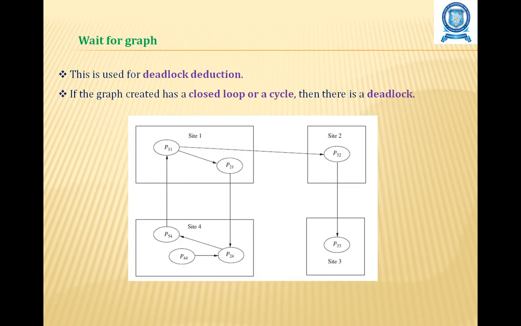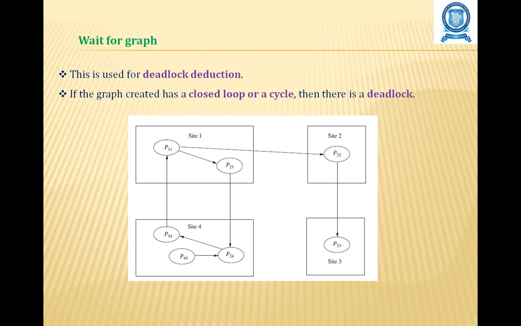Next, we see about the wait for graph. The wait for graph is used for deadlock detection. A graph is drawn based on the request and acquirement of the resource. If any cycle or closed loop occurs, then there is a deadlock.